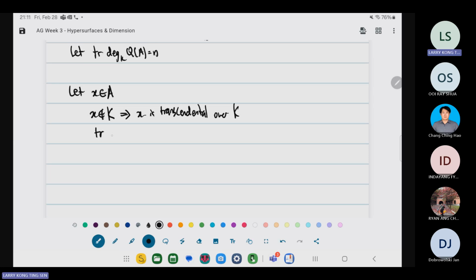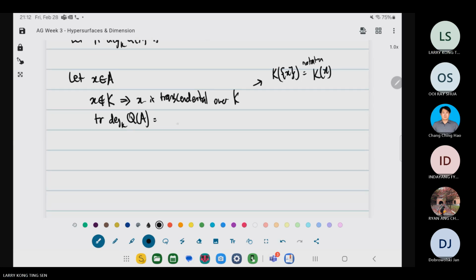So in this case, you can basically consider K and this x as the smaller subfield containing both K and x, and for brevity's sake, this is just notation. I'll just write K(x) here. So remember that identity just now, we can basically write it like this.